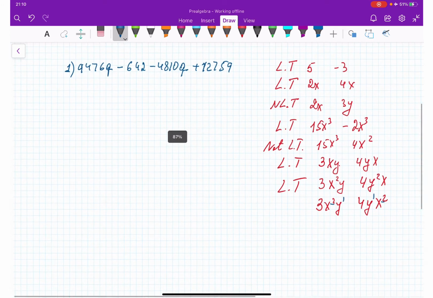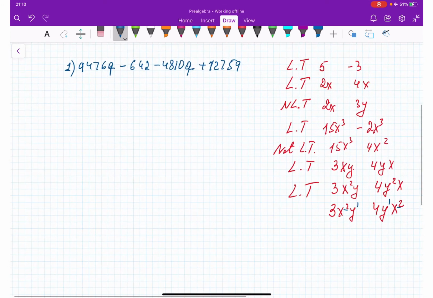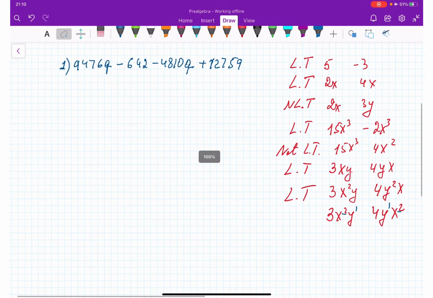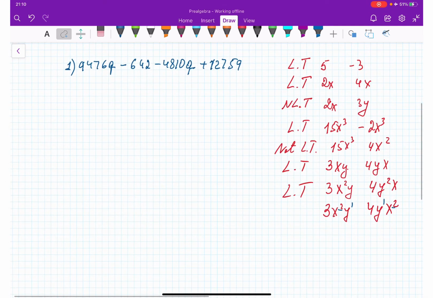Okay, now once we have it, we can work on simplification of expressions based on like terms. Let's work. Which ones are like terms? This one is a like term with this, right? And this is a like term with this one.